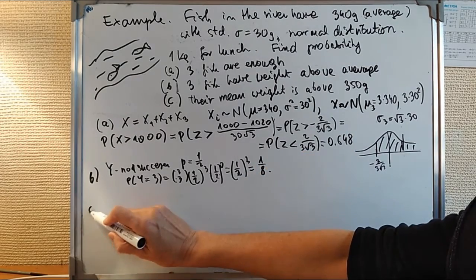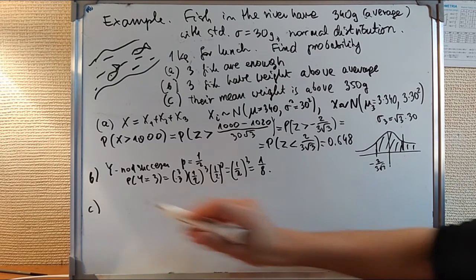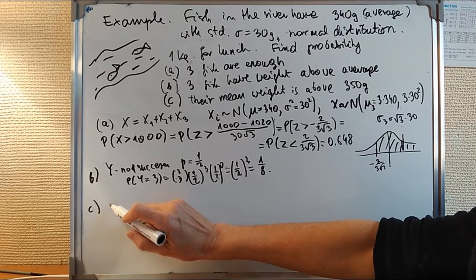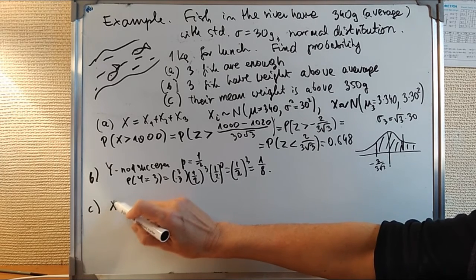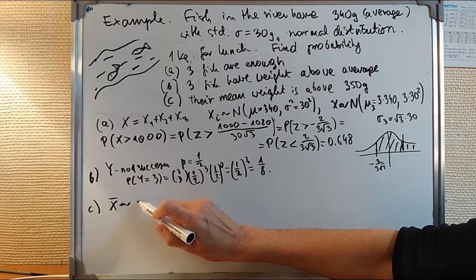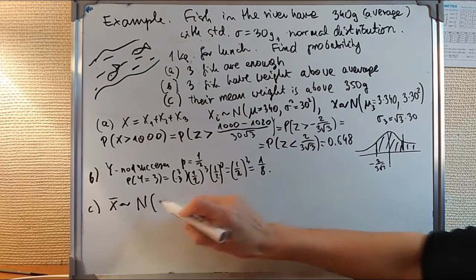Okay, and question C. Their mean weight is above 350. Their mean weight. What do we have now? What's the distribution of the mean? We know that the mean will have distribution, which is normal, with the same mean as before.